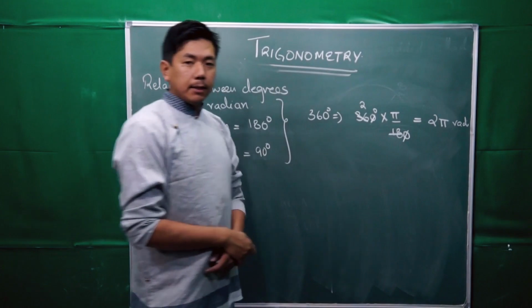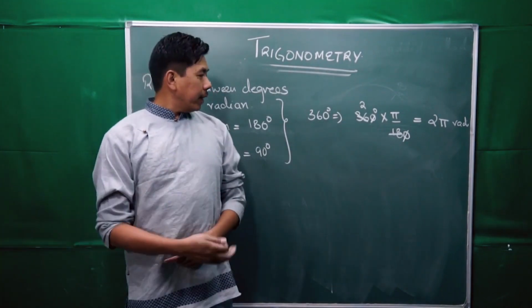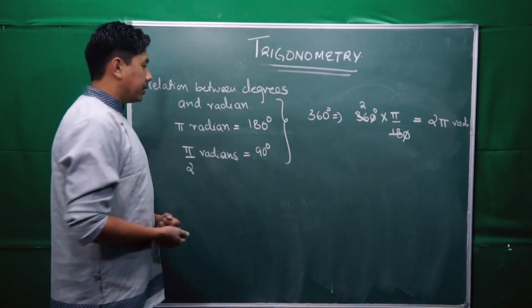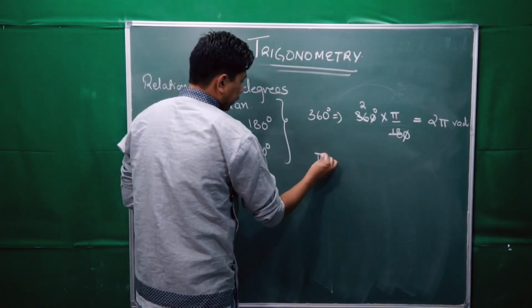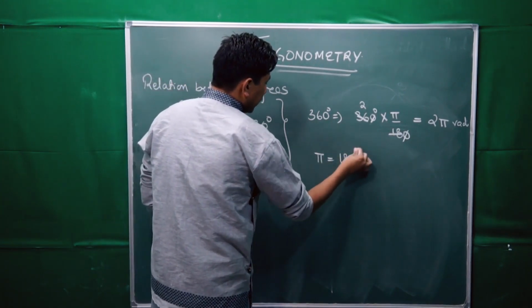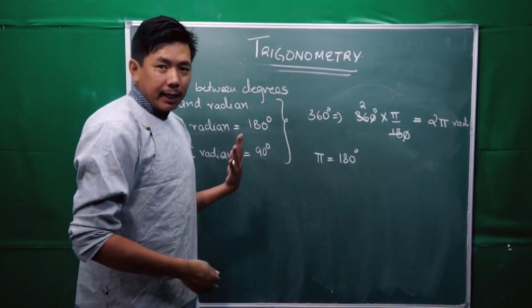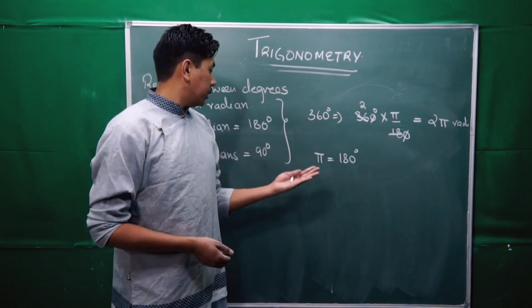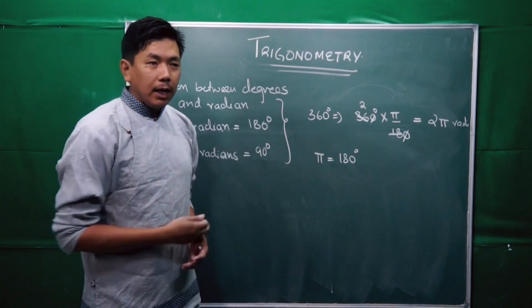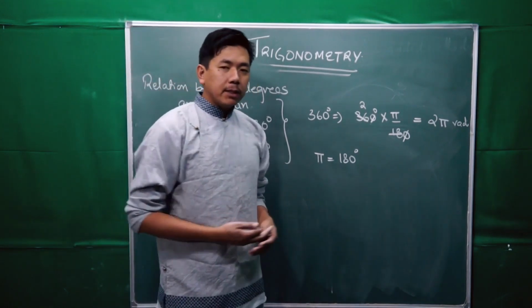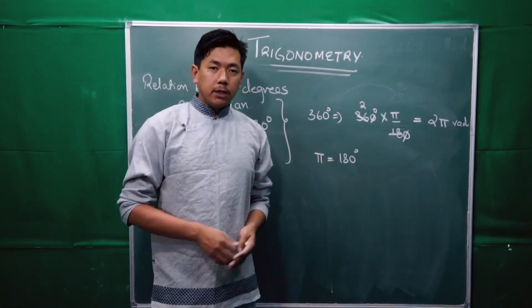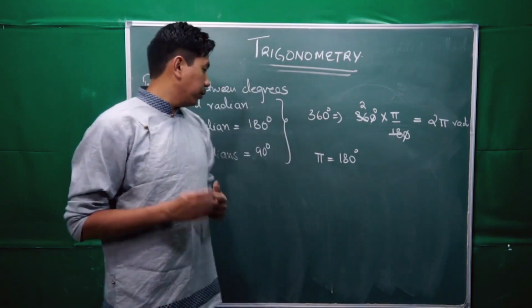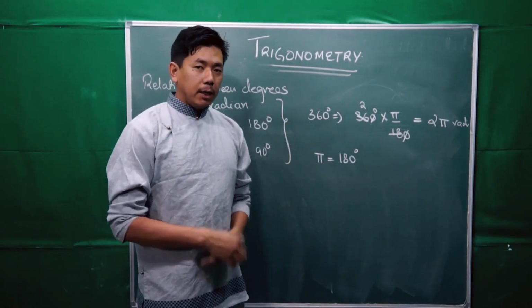Simple. So as we move further and further, we simply say that pi is equal to 180 degree, which is mathematically wrong. However, to avoid having to keep stating pi radians equals 180 degree, we just say pi equals 180 degree. Instead of saying the whole sentence, we just use pi equals 180 degree. Simple.